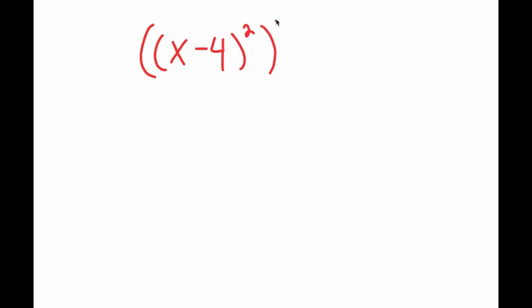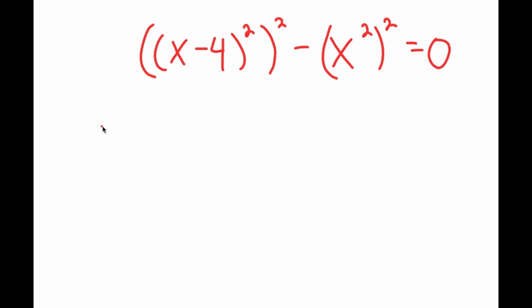Now from here, this is going to turn into ((x minus 4) to the power of 2) to the power of 2 minus (x to the power of 2) to the power of 2 is equal to 0, because I just subtracted (x to the power of 2) to the power of 2 on both sides.